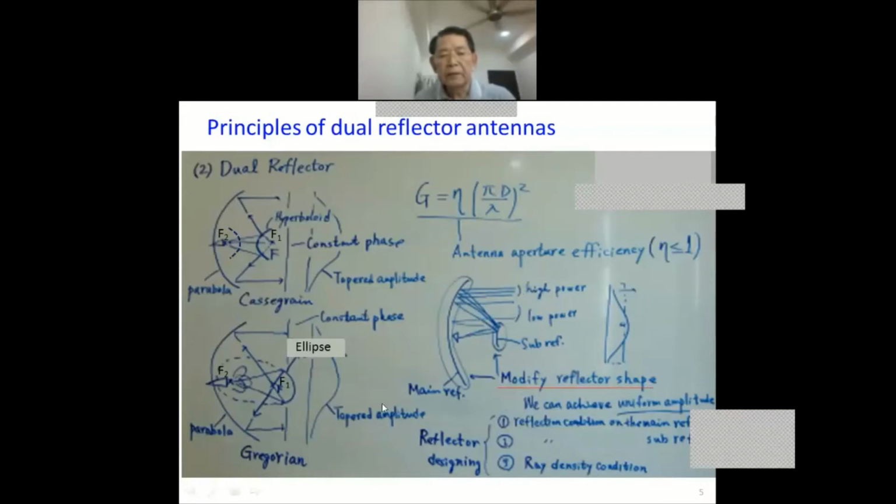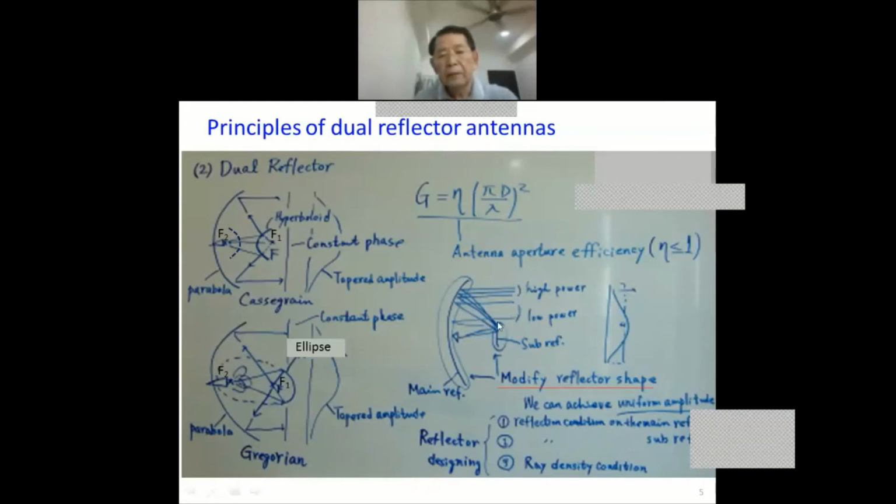In this case, the main reflector and sub-reflector are changed a little bit from the original parabola, hyperbola and ellipse. In this Cassegrain case, it is shaped a little bit from the hyperbola.